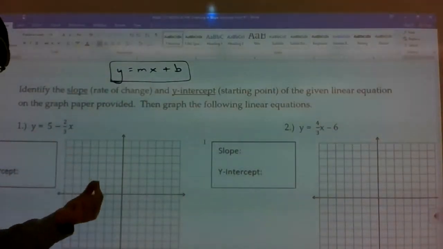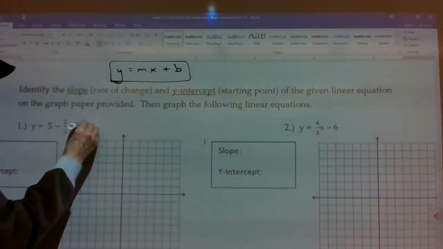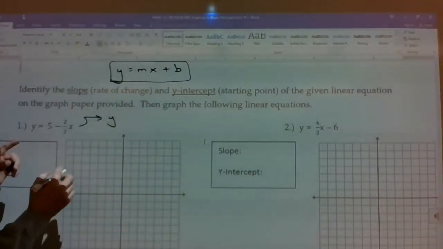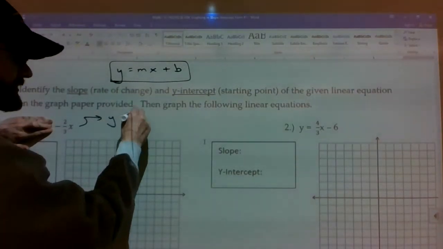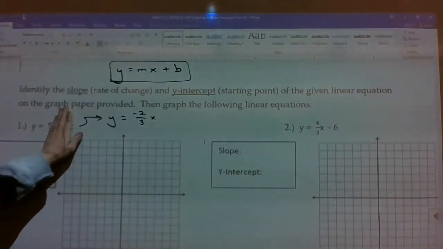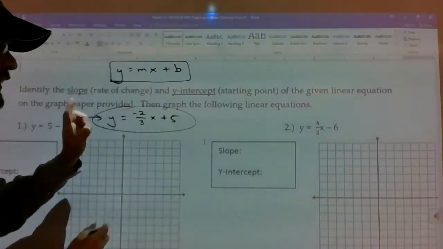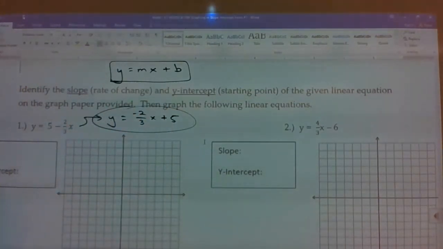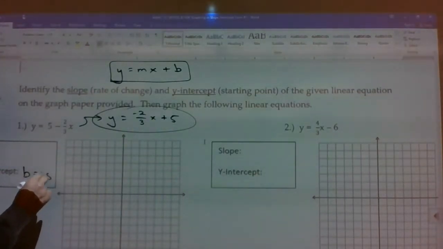If we were to rewrite that in slope-intercept form, just to kind of get a feel for this, we would say this is the same as y equals negative 2/3 x plus 5.